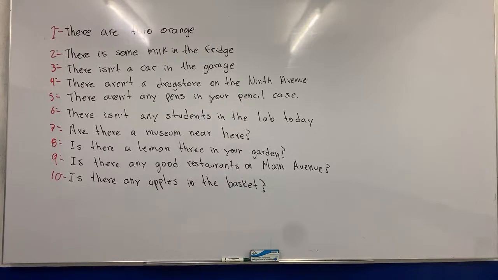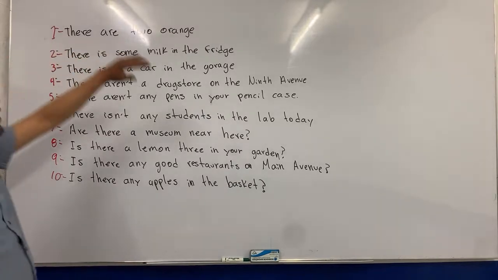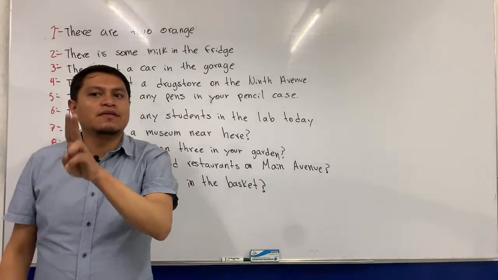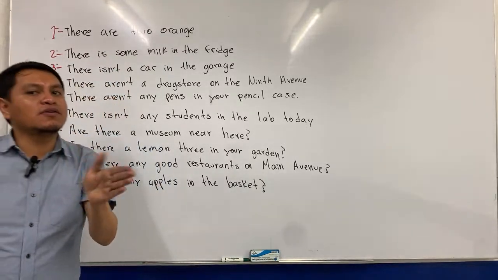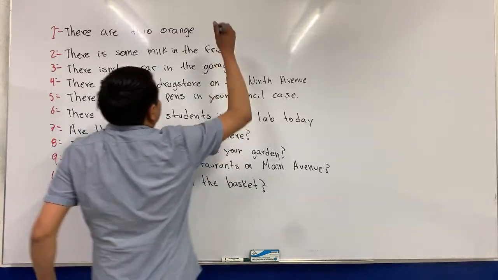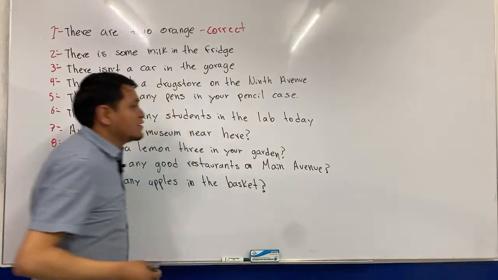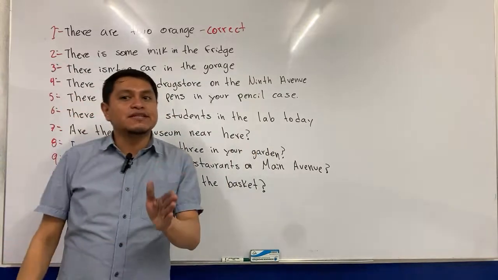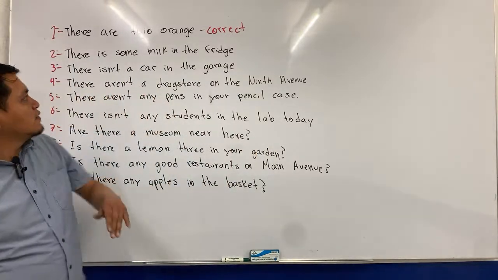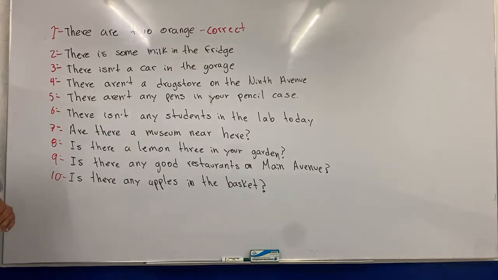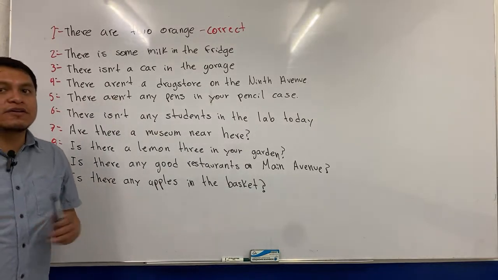Example for this. There are two orange. Correct or incorrect? Correct, right? It is the correct grammar for this. The next: there is some milk in the fridge. Correct or incorrect?